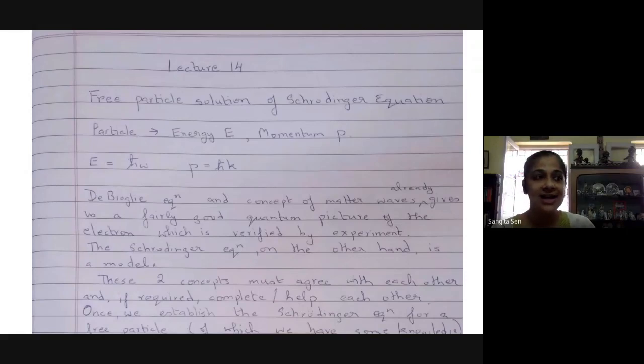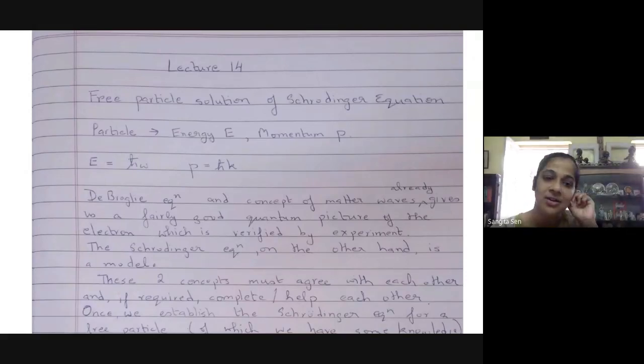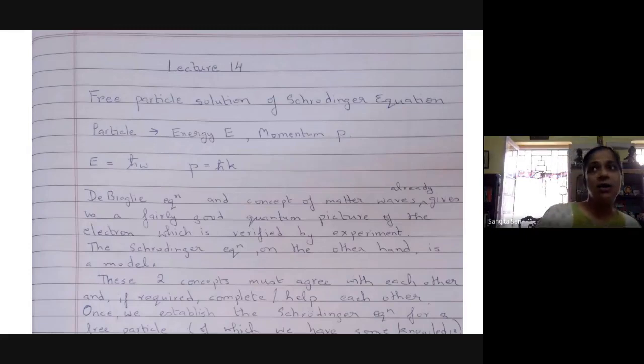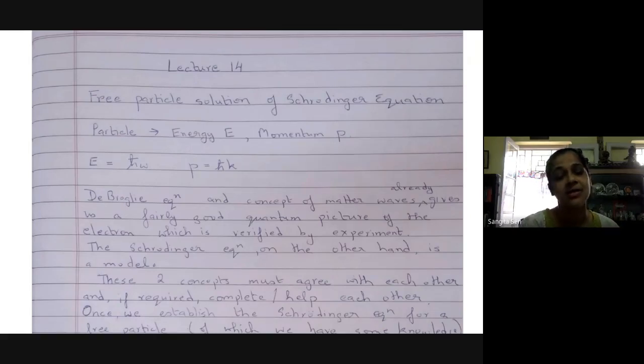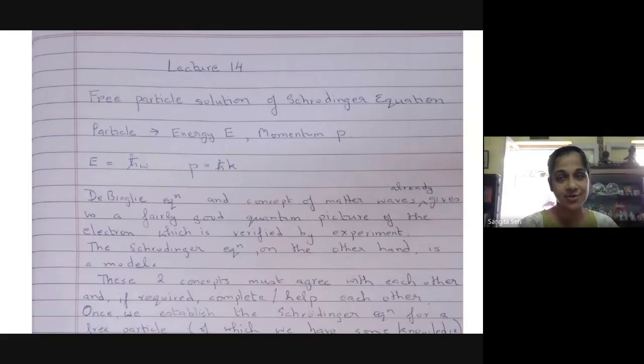However, I prefer to start with the free particle so that you can see where the concepts arise, because so far the de Broglie wavelength and other concepts that you have had, the wave packet and matter waves, they all relate to free particles. So I would like to start from there, and then things will get actually simpler as we do the applications later on, like particle in a box, harmonic oscillator, etc.